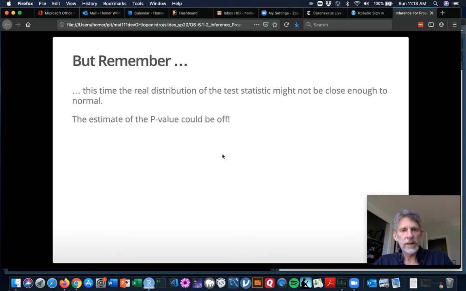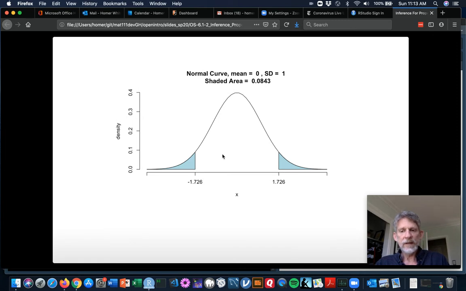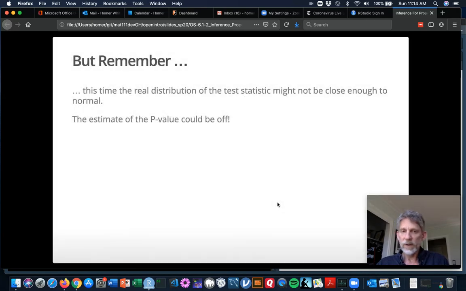And so the real distribution of the test statistic might be significantly different from a standard normal distribution pictured here. And therefore, the statement of the areas underneath the curve might be a bit off. That 8.4% could be somewhat off.